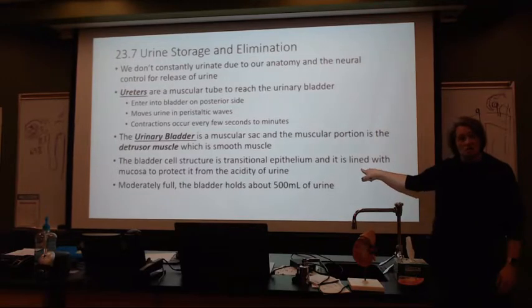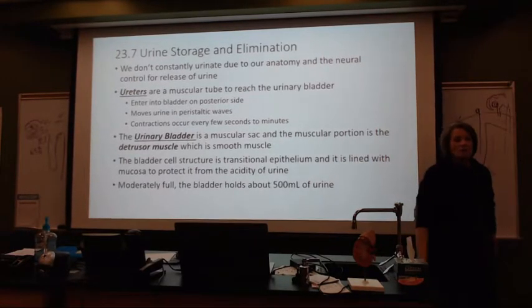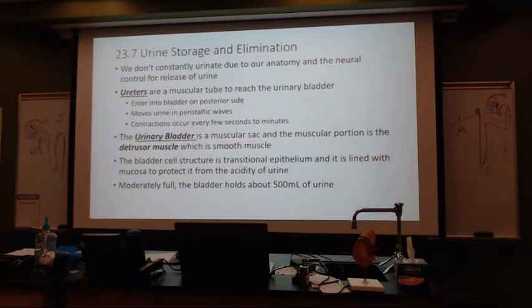The structure is lined with mucosa because the normal pH of urine should be about 6. Even though it doesn't sound very acidic, it's a tad bit acidic for the urine.